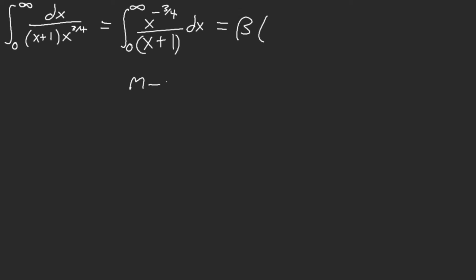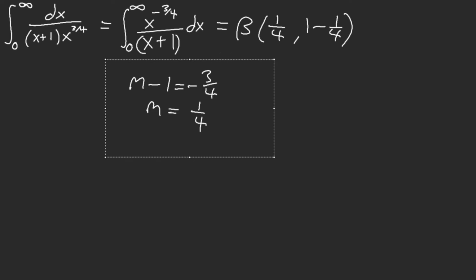So m minus 1 is equal to negative 3/4, which means that m is equal to 1/4. So what we have is 1/4, 1 minus 1/4. Okay, just because there's nothing on this exponent here, we know immediately that this is Euler's reflection.